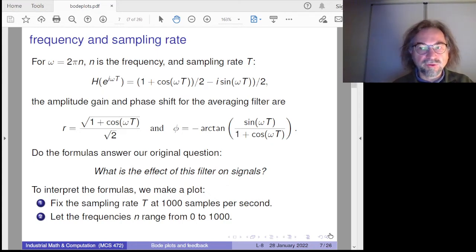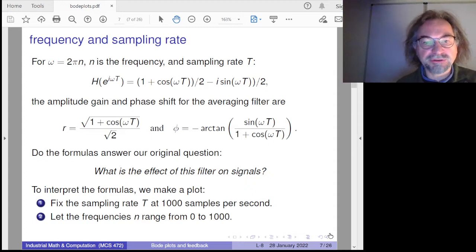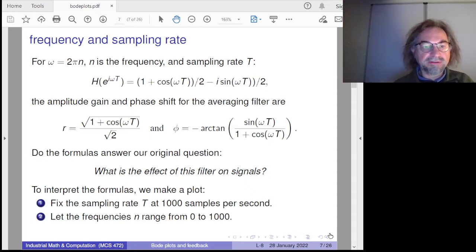So there are two variables in this expression. We will fix the sampling rate, very natural in our setting, as we deal with sequences of numbers on input. And we will see what these expressions look like if the frequencies range from 0 to the sampling rate.